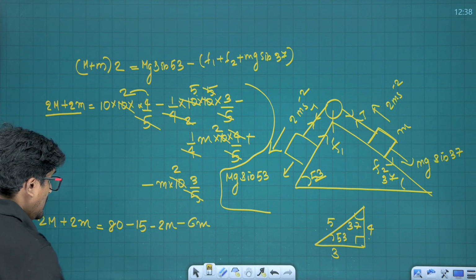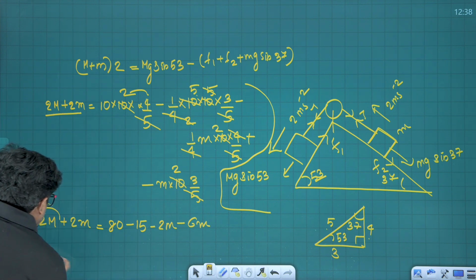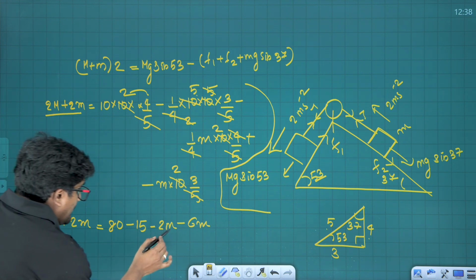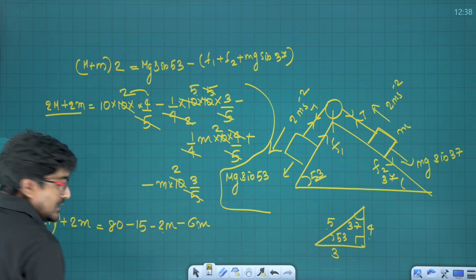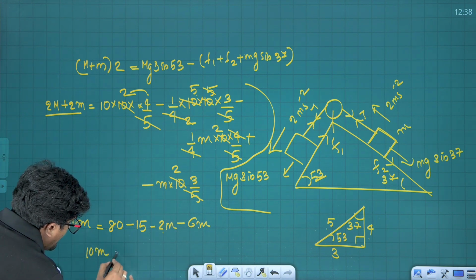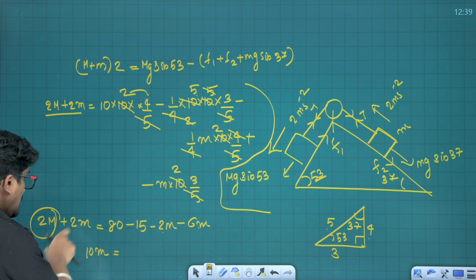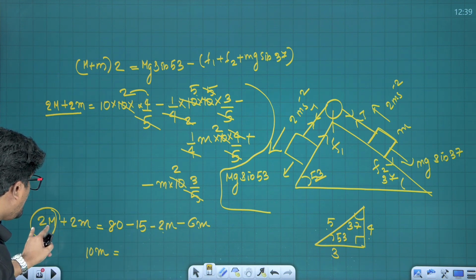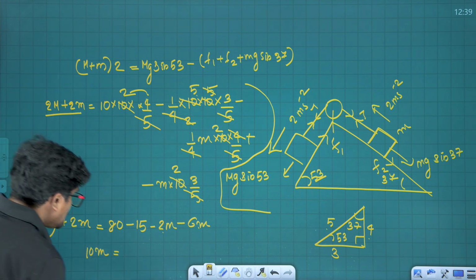Now, if I consider this, capital M was 10. So here this is going to be 20. Now here this is 2, here this is 6, this will come to the left, that's going to be 10 times m, because 8 is coming to the left. And what I have here is 20, this will be going towards the right.